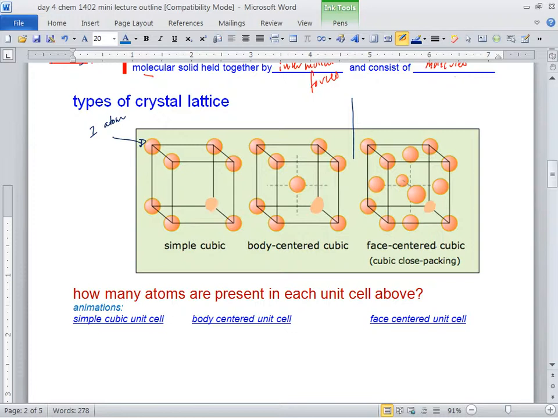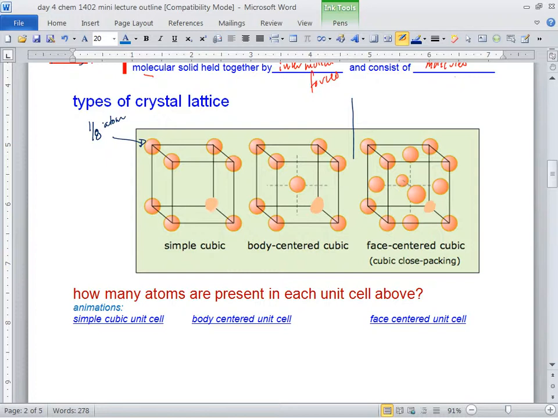Now, it doesn't look like there's a single atom in here, but you have to add up all the parts. And like in the simple cubic, let's change this to 1/8. 1/8 of an atom is actually inside the box, inside the unit cell, at each corner. Well, if you have 1/8 of an atom at each corner, there's what? 1, 2, 3, 4, 5, 6, 7, 8 corners.